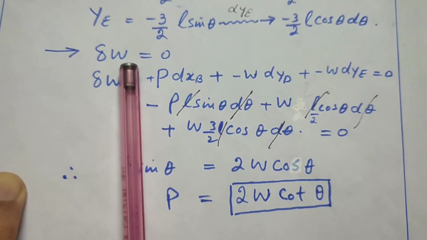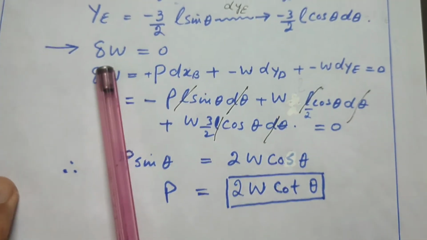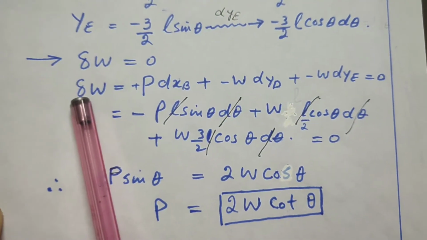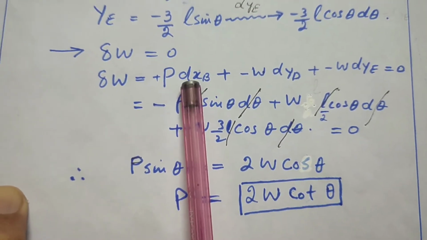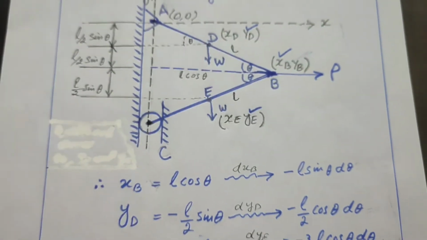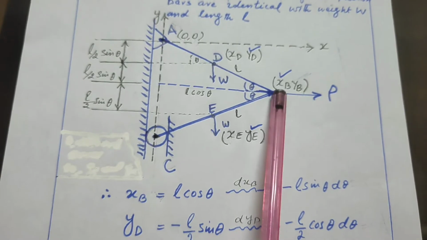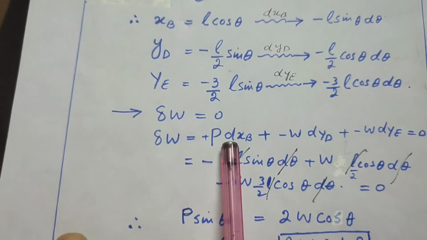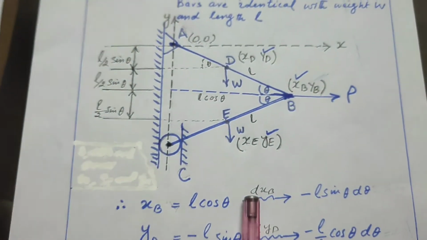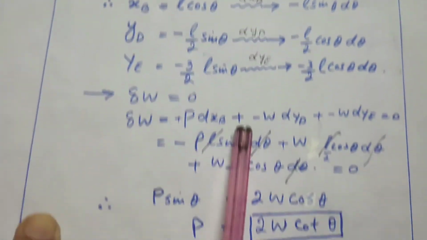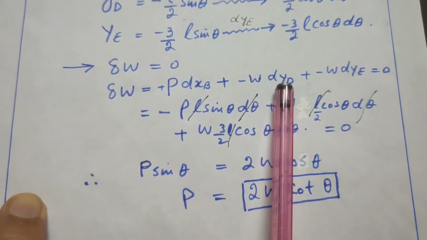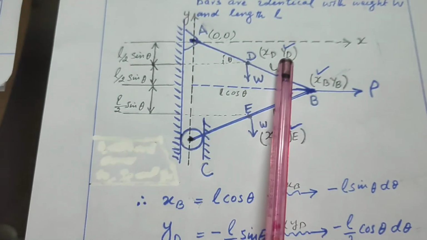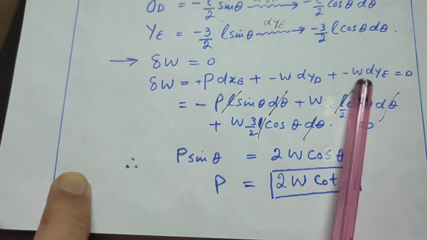So applying the virtual work equation, del W equal to force into virtual displacement. This is force and virtual displacement is dXB, plus minus W into dYD, and plus minus W into dYE.